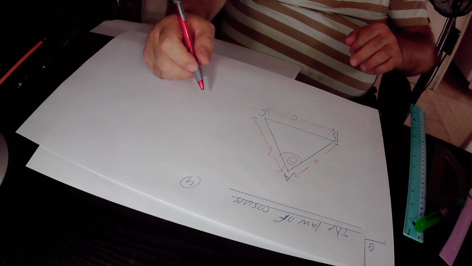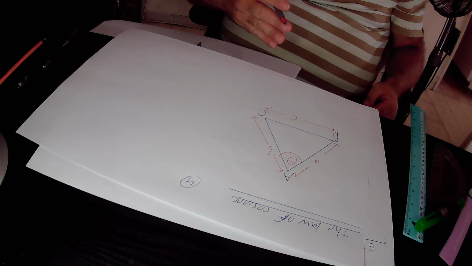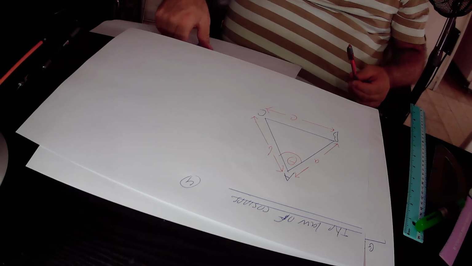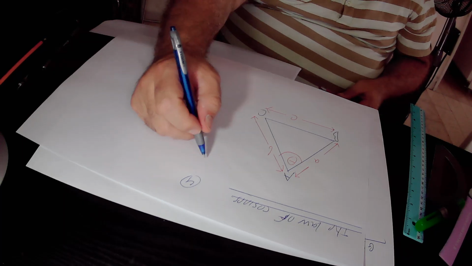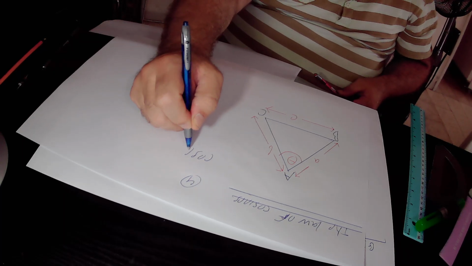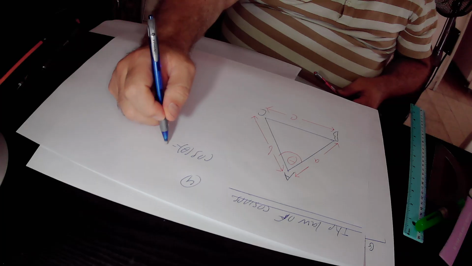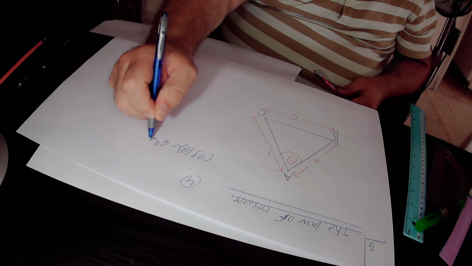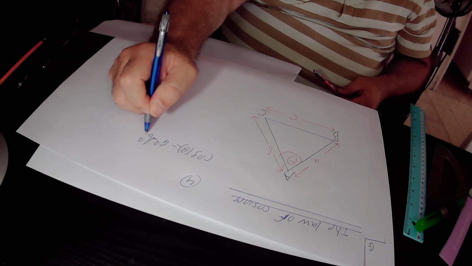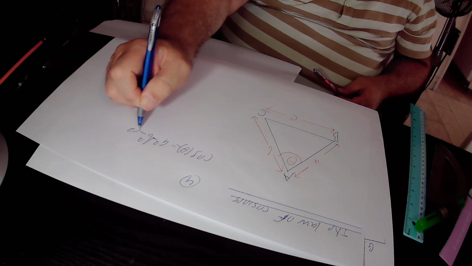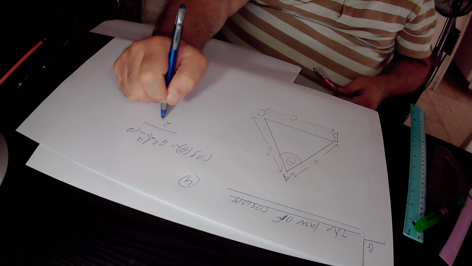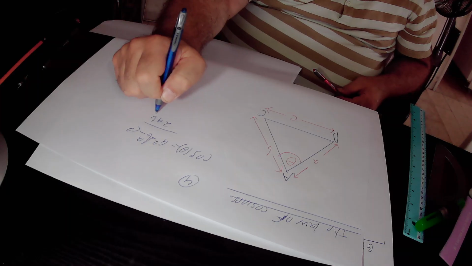According to the law of cosines, in this triangle ABC, that could be any triangle, cosine theta equals A squared plus B squared minus C squared over 2 times A times B. Repeat again.